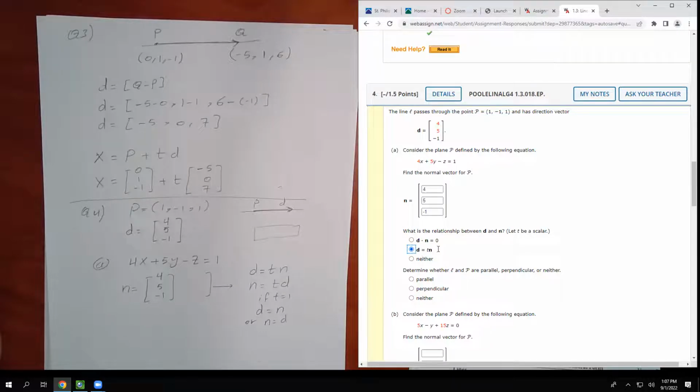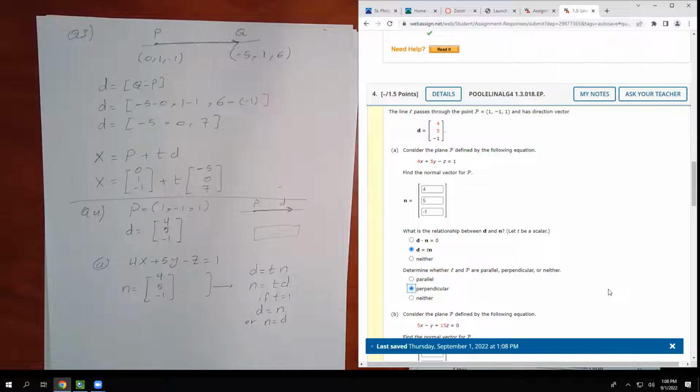So if you found D, the direction vector, equal to N, the normal vector, that means the line is perpendicular to the plane. So write down this note, if they ask you, what's the relationship between the line and the plane?